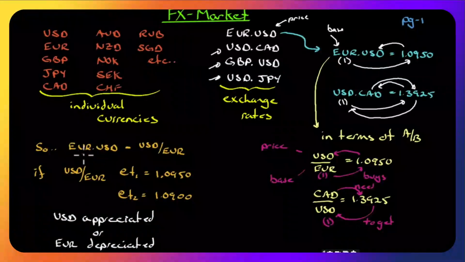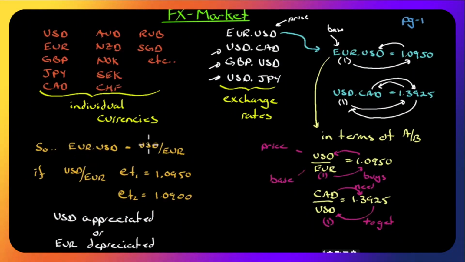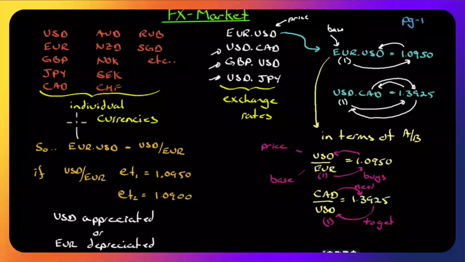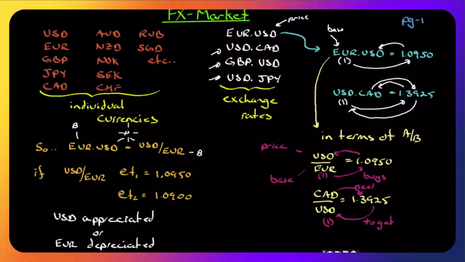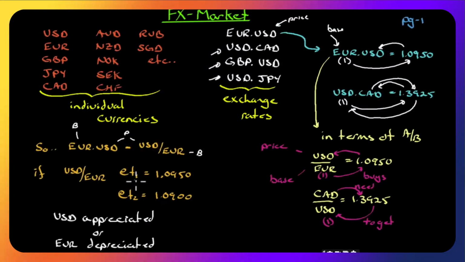So the euro.us is the same as US over euro. Here's our base. There's our base in the basement, right? These two here, there's our price. So let's say at time t1, we observe a rate of 1.095. And then at t2, we observe a rate of 1.09.